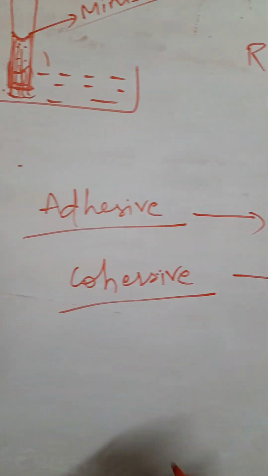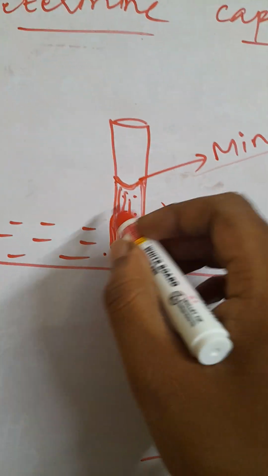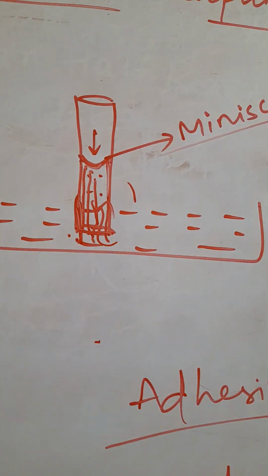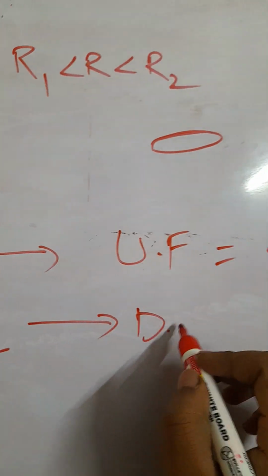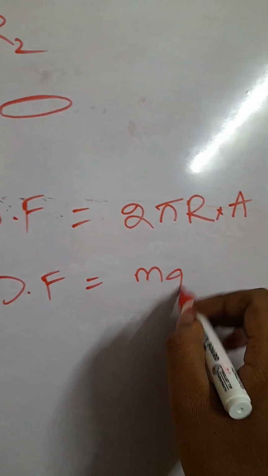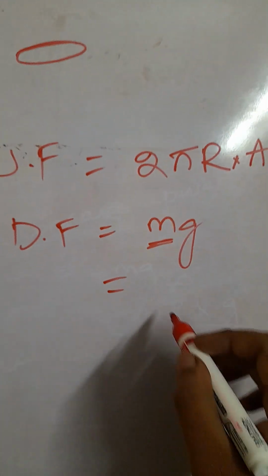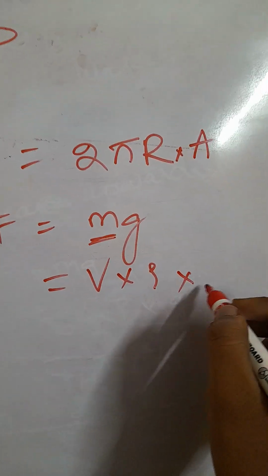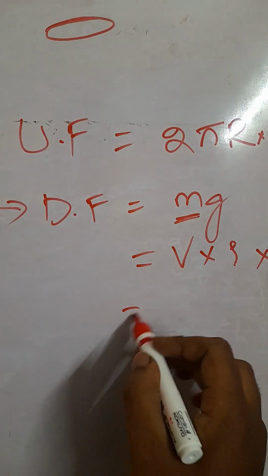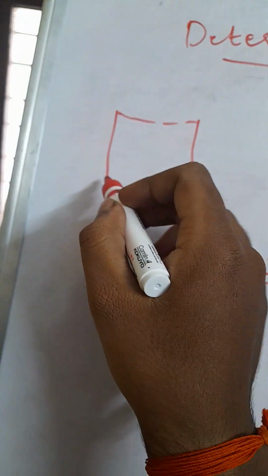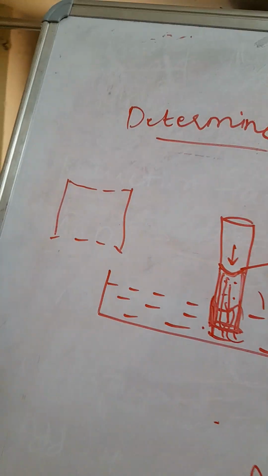So what about the other force? Due to gravity, the water will try to move downwards. So let's consider this as the downward force, which is equal to mg. We already know mass can be written as volume into density. And again volume, if I take out the structure of the water, it would be just cylindrical in shape.